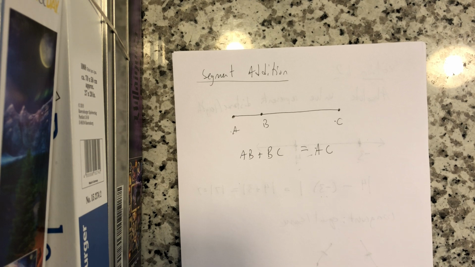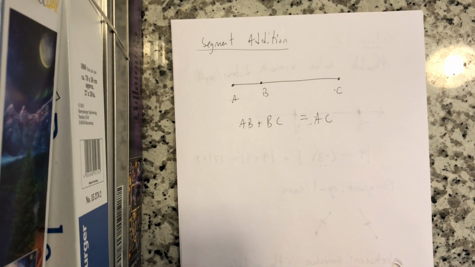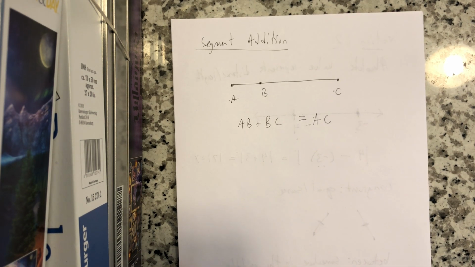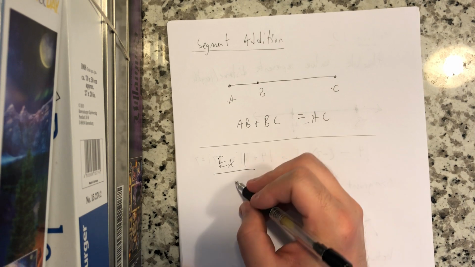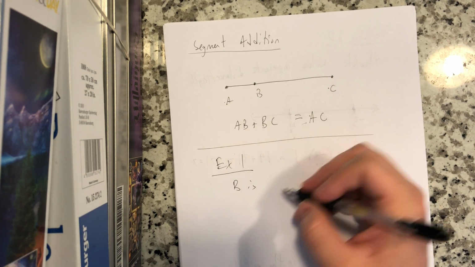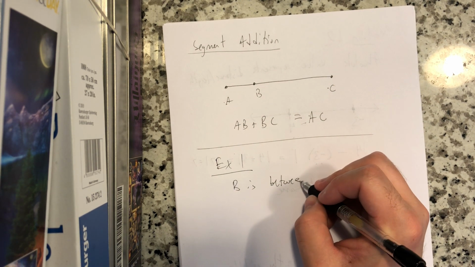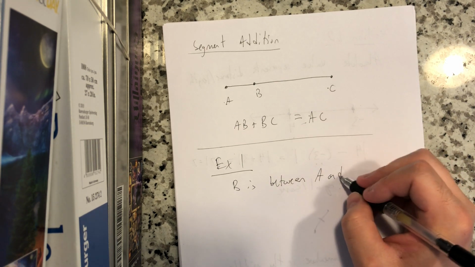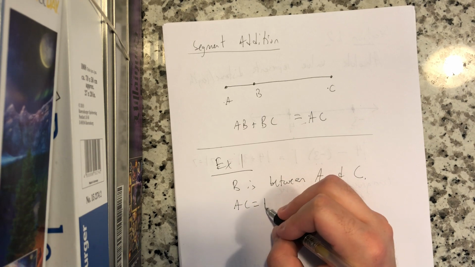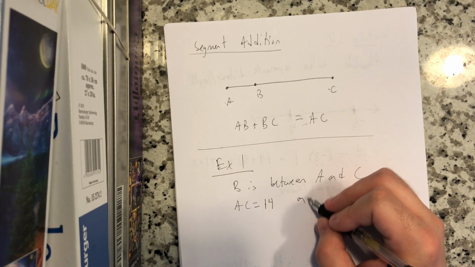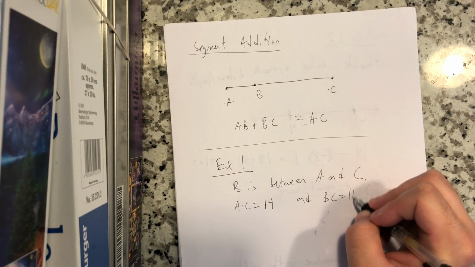And we can do an application problem of it just to kind of go ahead and practice with some math and some algebra. So let's say that we have a problem, example 1. Let's say that point B is between A and C. Let's say that AC is equal to 14 and BC equals 11.4.